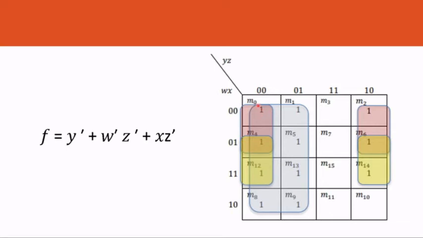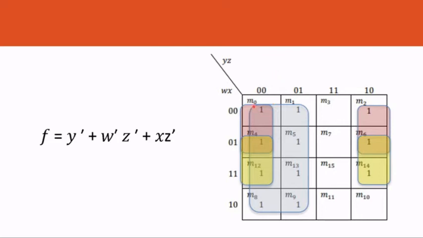For the group of 8, that involves minterm 0, minterm 1, minterm 4, minterm 5, minterm 12, minterm 13, minterm 8, and minterm 9. Again, let's find similar values for these 8 adjacent squares. Do they have the same value of W?